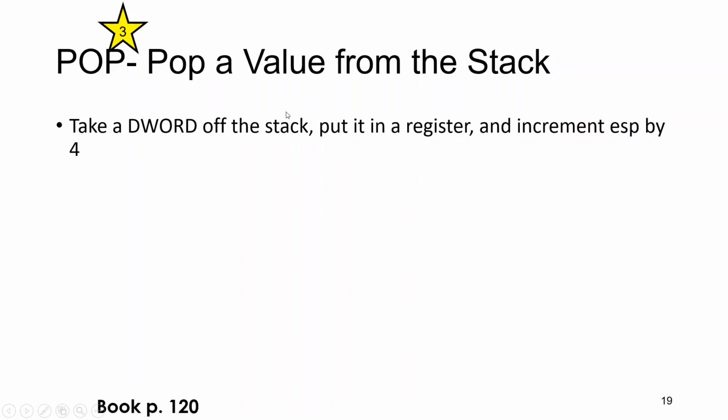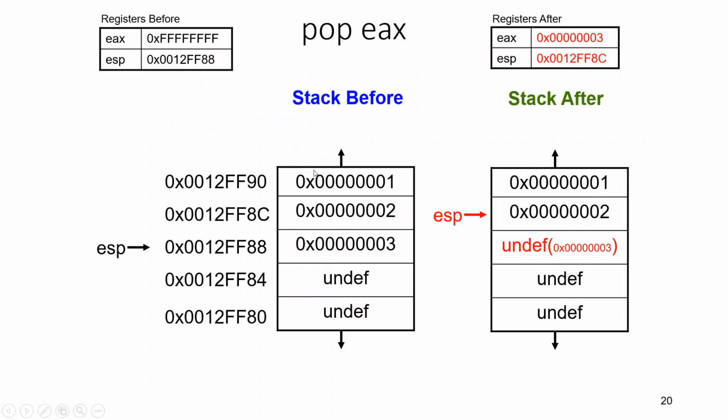Pop, the other operation performed on the stack besides push. Pop just takes the value and puts it in the register you specify. So I have this stack before, I have 3 elements: 1, 2, 3. ESP points to this address. So when I say pop EAX, pop takes the top value and puts it in whatever register I specify.